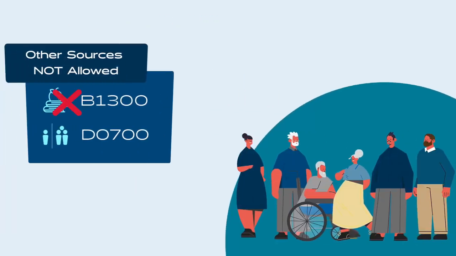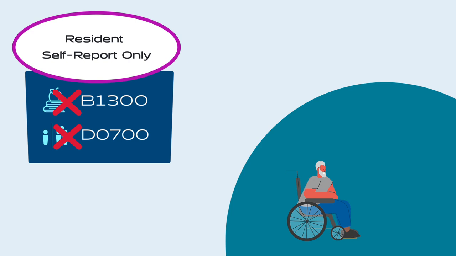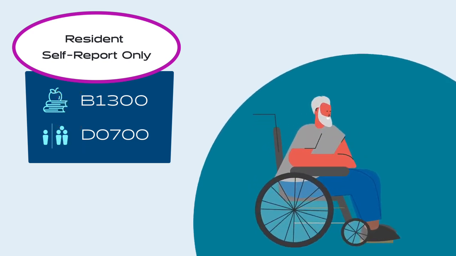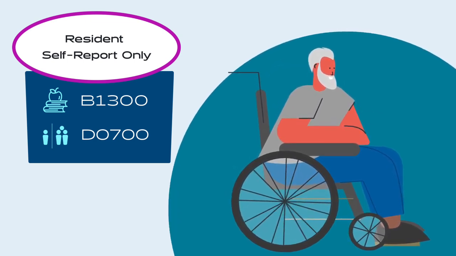B1300 health literacy and D0700 social isolation are intended to be resident self-report items only. No other source, family, significant other, legally authorized representative, or medical records should be used to identify the response for these items. Let's look at a few examples.